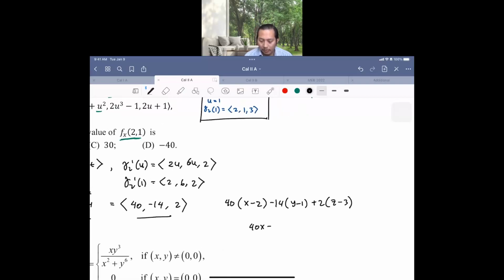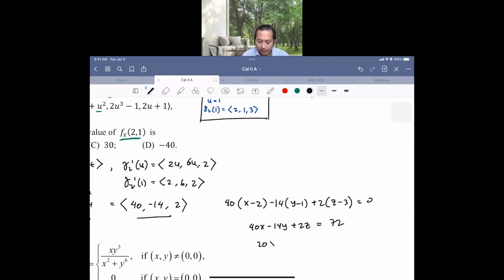So 40x minus 14y plus 2z equals 80 minus 6, which is 74, plus 6 is 72. So this is 72.